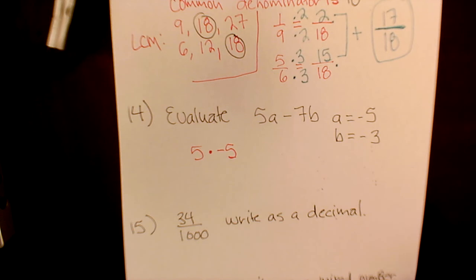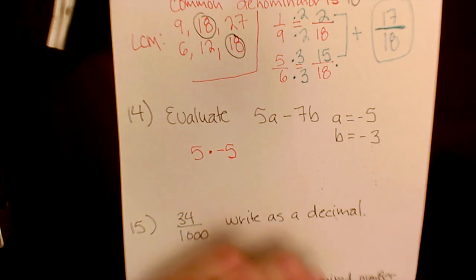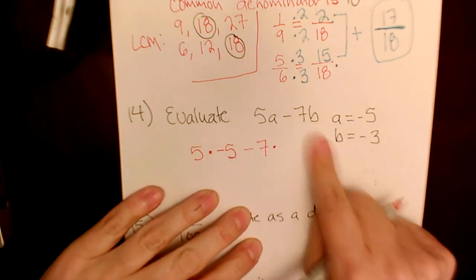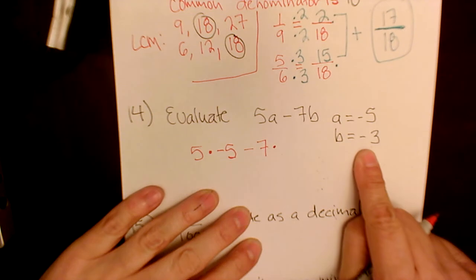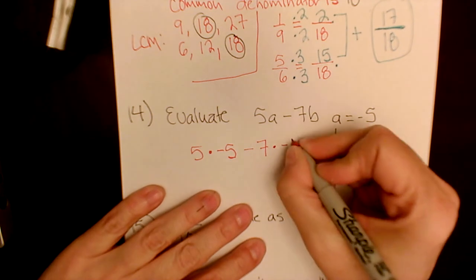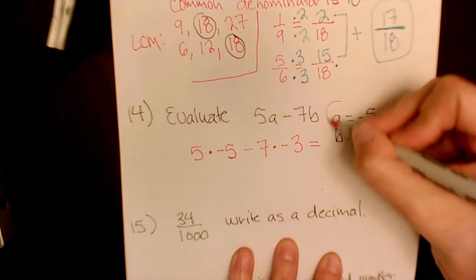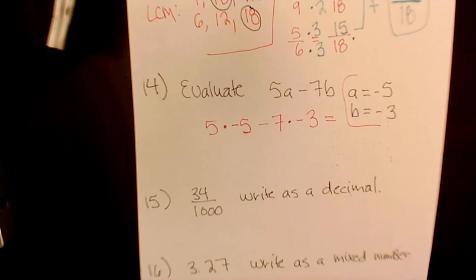Just take out the a, replace it with -5. Minus 7 times b, and b is -3. Okay, now I just need to simplify this or work it out.